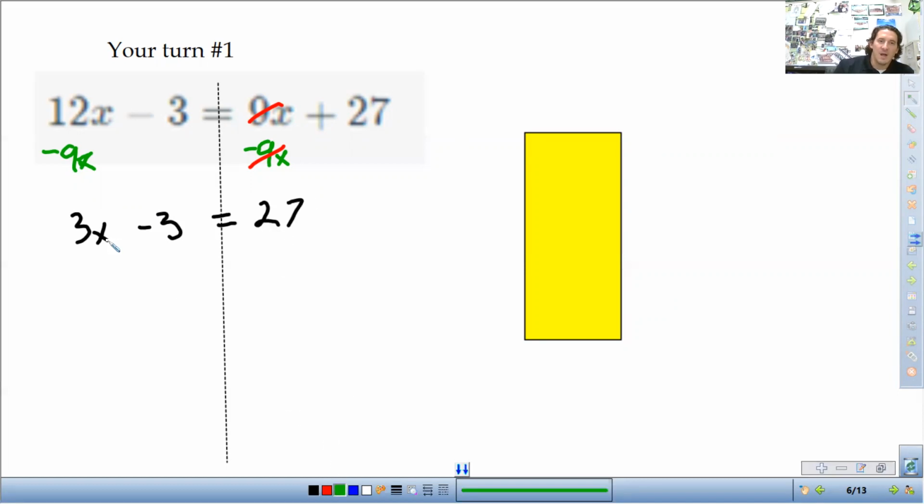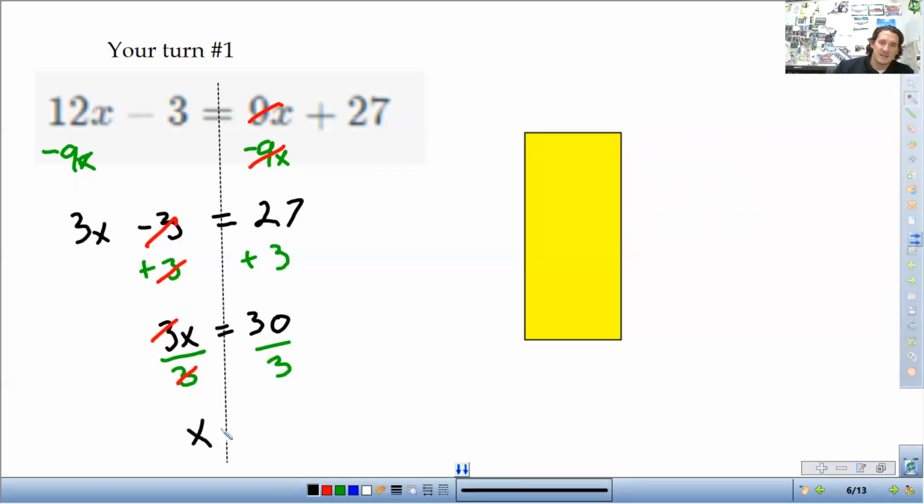Now I can start eliminating the stuff on the same side as the x. I'm going to eliminate the minus 3 by adding it. So minus 3 plus 3 eliminates. I get 3x is equal to 30. Then I'm going to divide to eliminate the 3. Divide both sides by 3. Divide by 3 eliminates, and you get x is equal to 10.